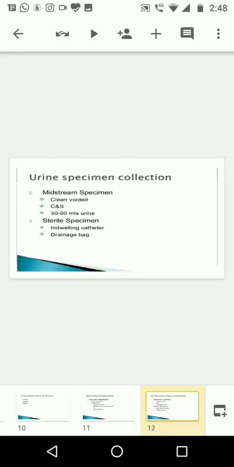Then urine specimen collection. We will take a midstream specimen or sterile specimen. In this, we ask the patient, as we have asked before, to clean and void. After that, take the midstream sample.